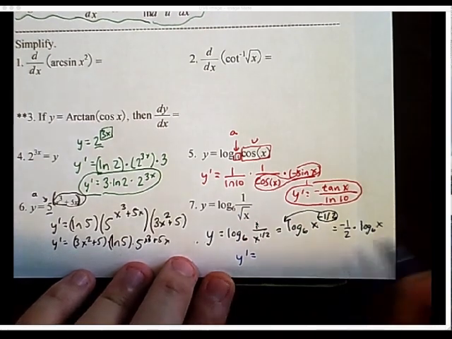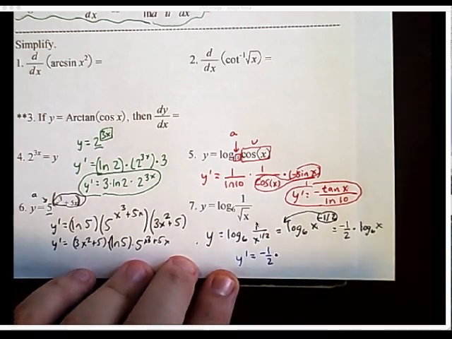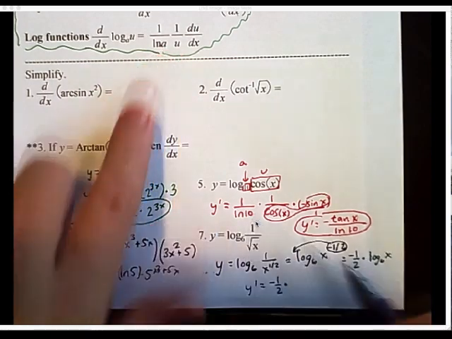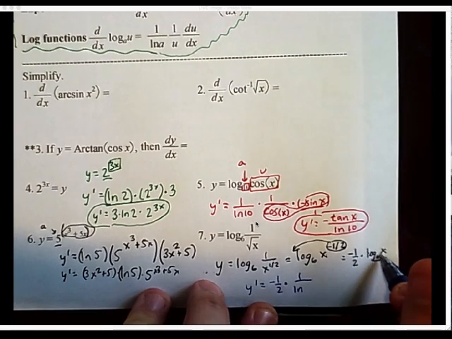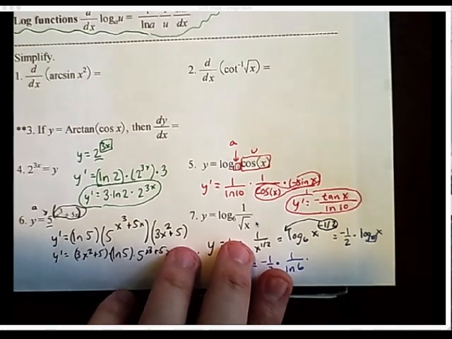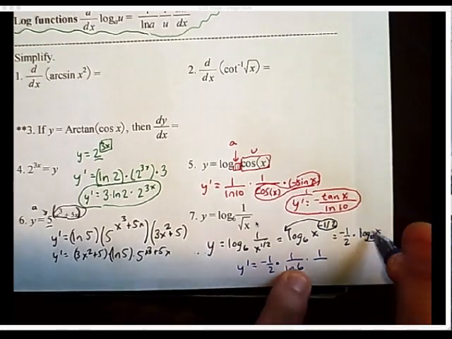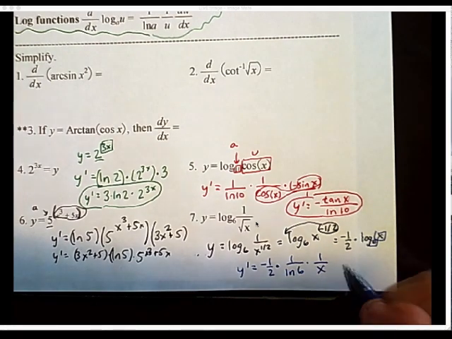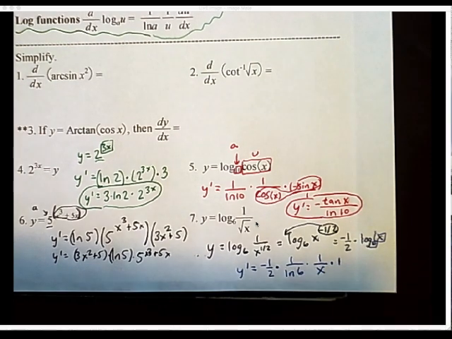So y prime, this negative 1/2 is a coefficient, it stays. Now I'm going to use my rules, this rule right here, for log functions. 1 over the natural log of a is simply 6, times 1 over u, well u here is just x, so that's 1 over x, times the derivative of u, which would just be 1.